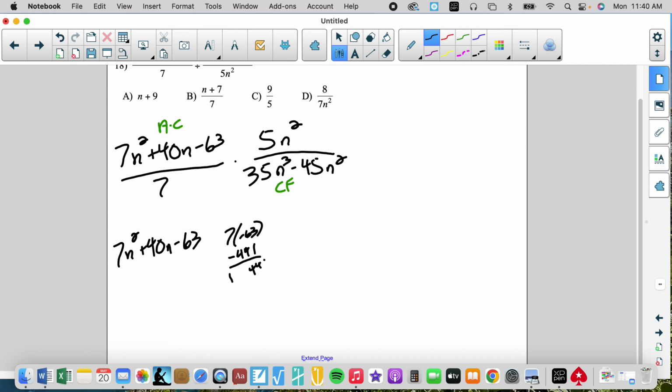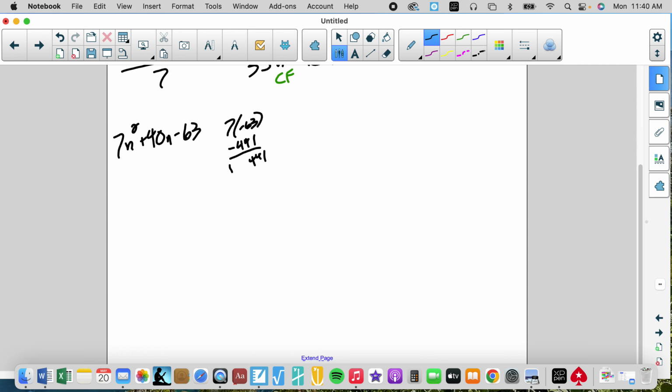1 and 441. 2 and 220. Nope, 2 doesn't go into that. 3 goes into it. 1, 4, 7. 4, no. 5, no. 6, no. 7, yes. 7 goes into it. 7 goes into 441 63 times. 8, no, 9, yes, 9 goes into it. 49 times 9, I like that.